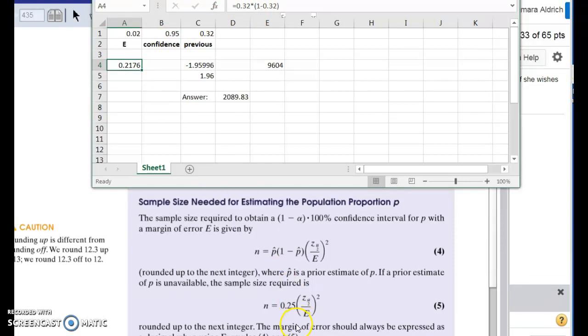And the reason we do that is 0.25, you'll notice it's bigger than this number. 0.25 is the biggest value you can possibly get if you take a prior estimate and multiply it by 1 minus that estimate. So because we use the biggest number possible, it's going to make our sample size even bigger.